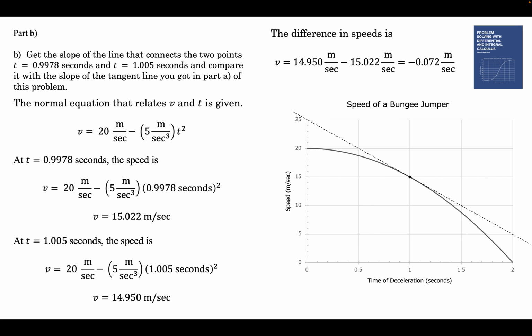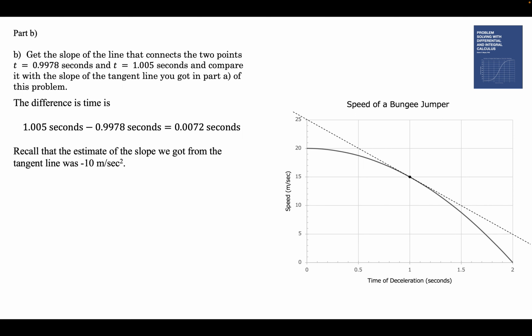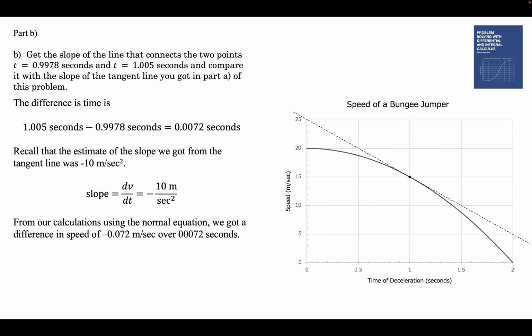That is delta V. Now we need delta T to get the run. And to get that, we subtract the 2 times. So 1.005 minus 0.9978 is 0.0072 seconds. That's the run. Now when we use the tangent line, we got a slope of minus 10 meters per second squared, and that's dv dt approximately.